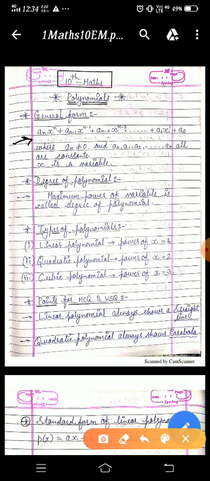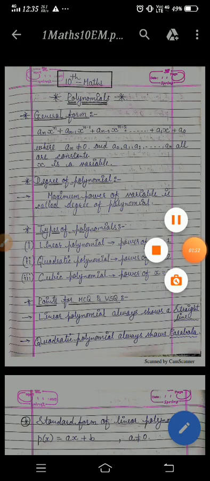About polynomial, we have already discussed some basic concepts in standard 9th. In 10th, first of all, we are going to study about the general form of polynomial. What is the general form of polynomial? General form of polynomial is given by a_n x raised to n plus a_(n-1) x raised to n minus 1 plus a_(n-2) x raised to n minus 2 plus and so on, a_1 x raised to 1 plus a_0.